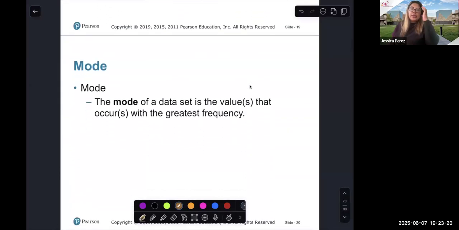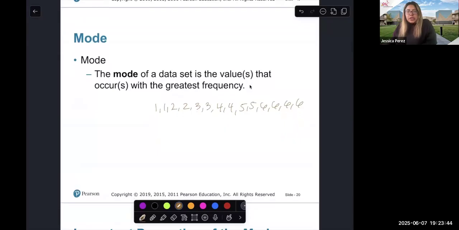Now mode is the value. Most of you are familiar with finding modes. The mode is the value that occurs most in frequency, which one is shown the most in the data. So if I do 1, 1, 2, 2, 3, 3, 4, 4, 5, 5, 6, 6, 6, 6, which is the mode?